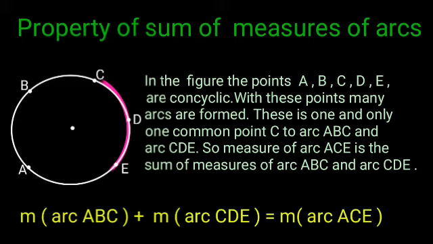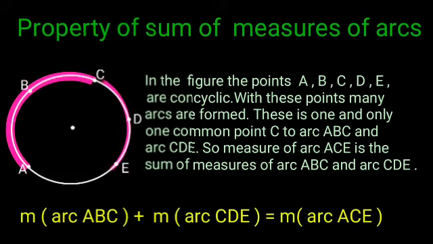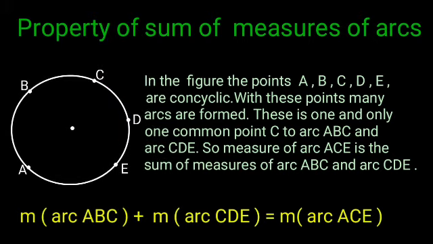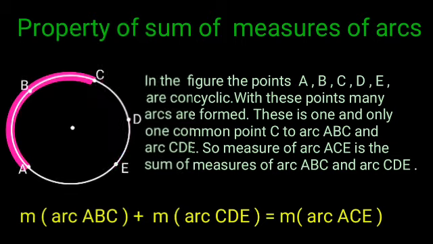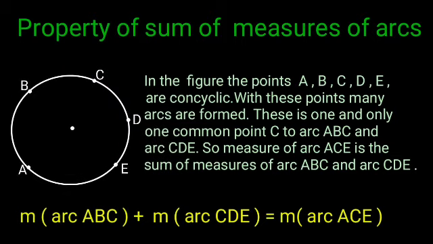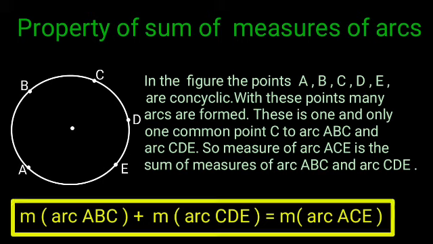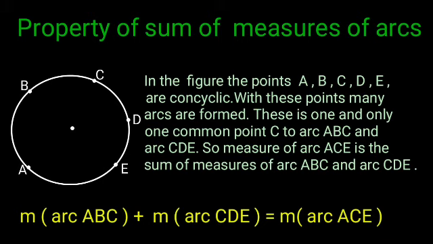So, measure of arc ACE is the sum of the measures of arc ABC and arc CDE. That is, measure of arc ABC plus measure of arc CDE is equal to measure of arc ACE.